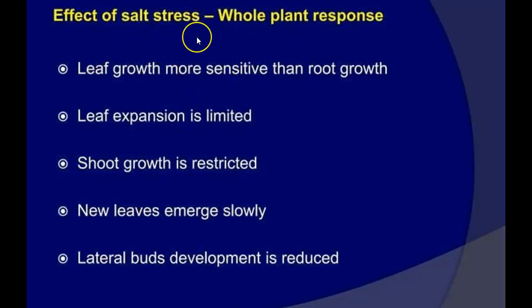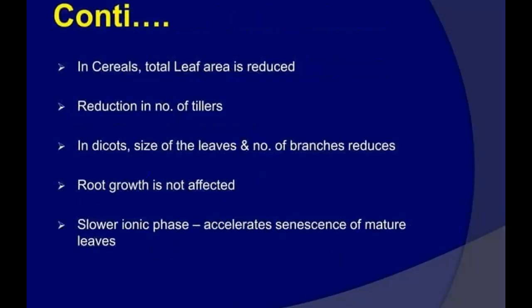If we talk about the effect of salt stress on the whole plant and how the whole plant responds against salt stress, first of all, leaves are more sensitive than root growth. So there will be no leaf expansion, or limited leaf expansion. Shoot growth will be restricted, new leaves will emerge very slowly, and lateral bud development will also be reduced.